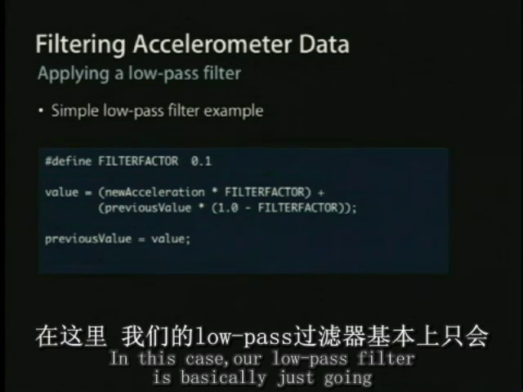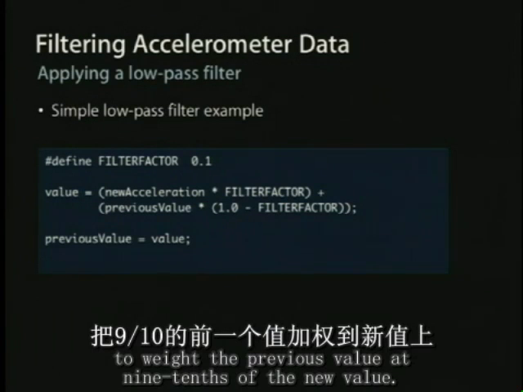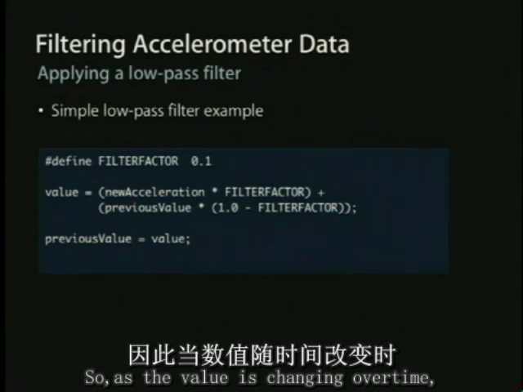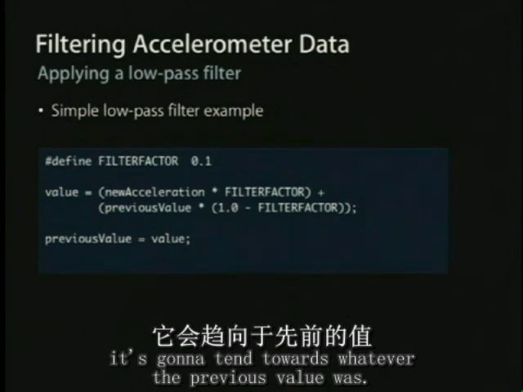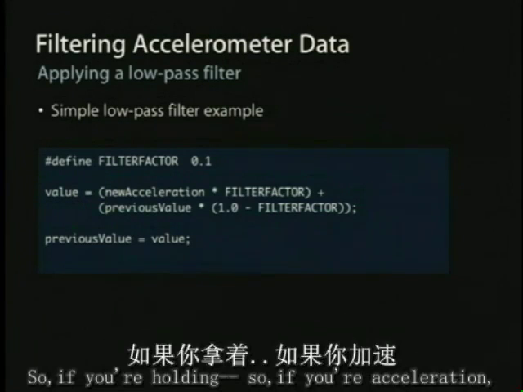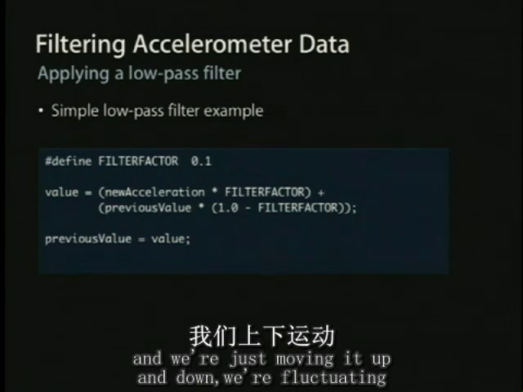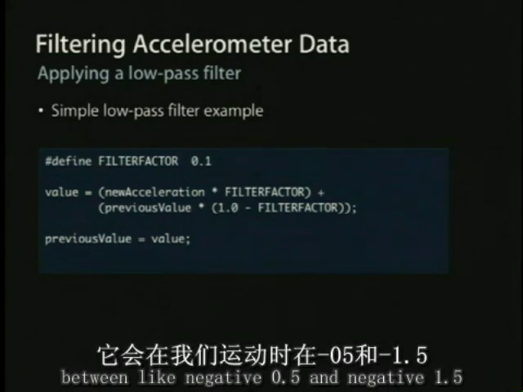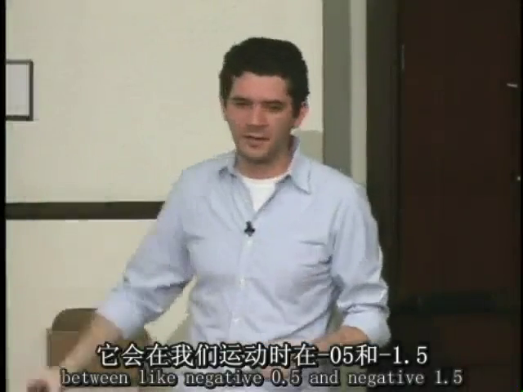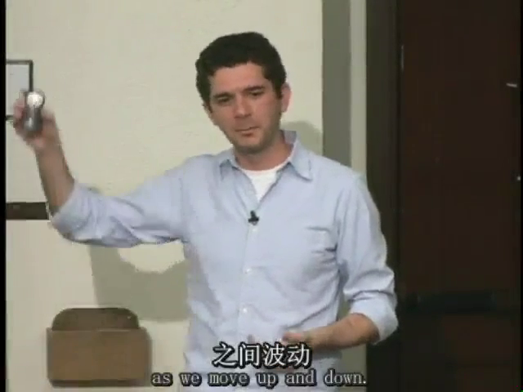In this case, our low-pass filter is basically just going to weight the previous value at 9/10 of the new value. So as the value is changing over time, it's going to tend towards whatever the previous value was. So if your acceleration in this case is 1, just holding it still, and we're moving it up and down, we're fluctuating between like -0.5 and -1.5 as we move up and down.